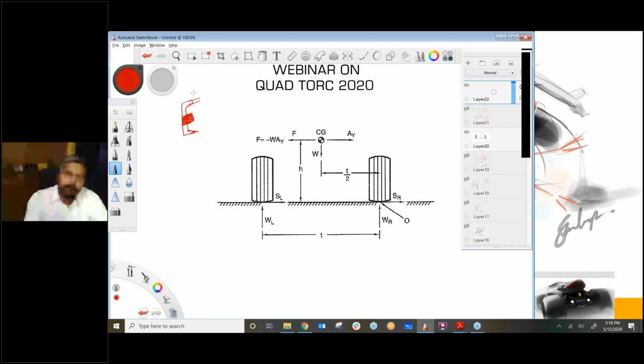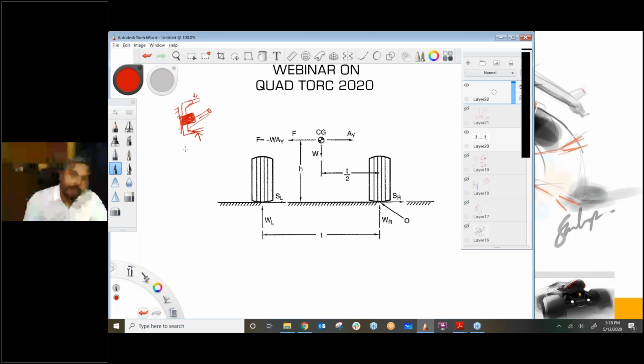This is known as reverse Ackermann. Now you need to study these three positions, understand which one is necessary for you, and see which one you would be using in your system.